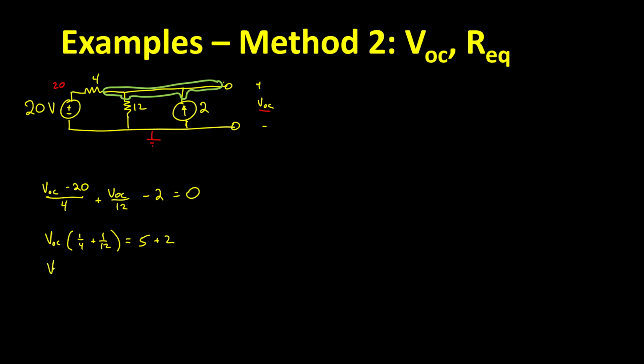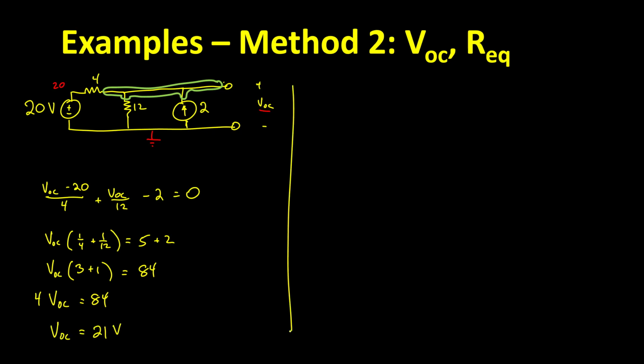We can multiply everything by 12, and we'll get 3 plus 1 equals, let's see, 7 times 12 is 84. So therefore 4 VOC equals 84, and VOC has to be equal to 21 volts.